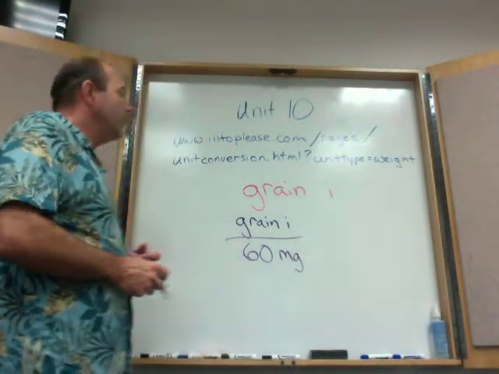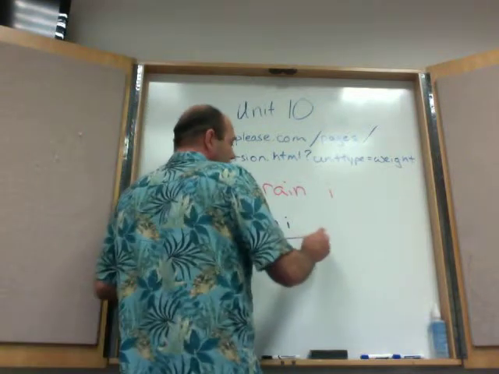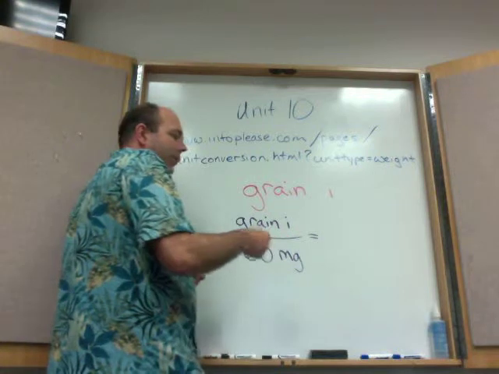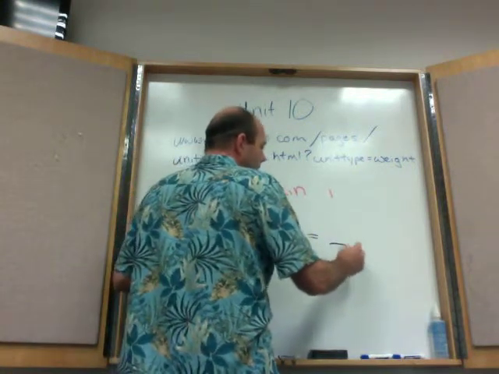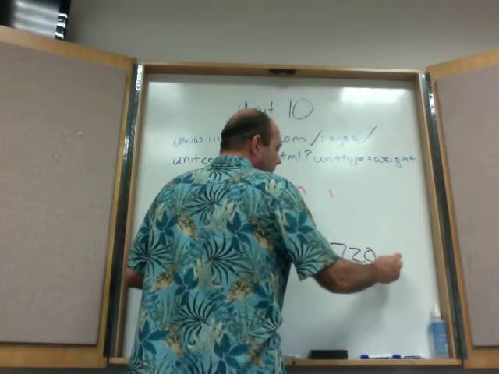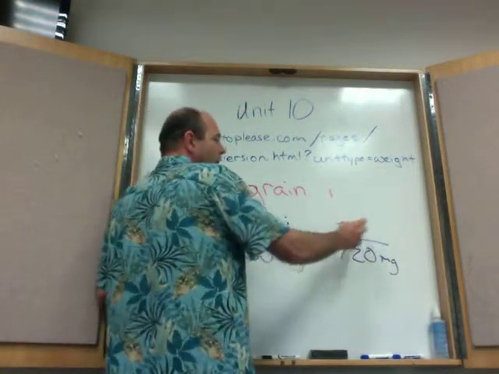Okay, so if you need to find out, let's make it something more fun, let's go with 720 milligrams, and you need to find out how many grains this is.